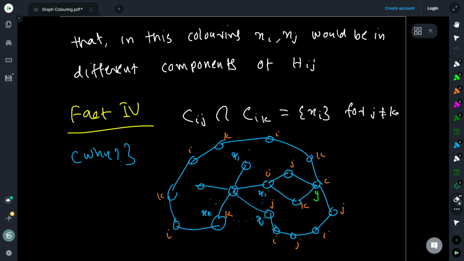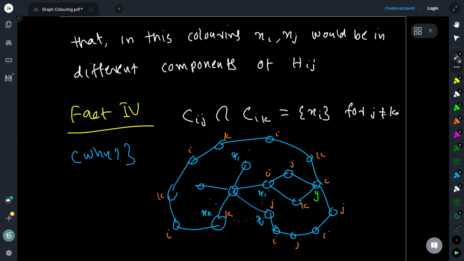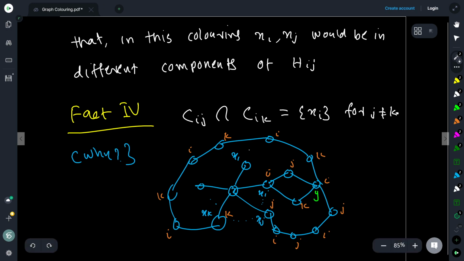And why is that? Well, let us look at this picture. We have the vertex x, and I have paths, xi to xj, etc., like this. Then xi to xk, etc., up to here.